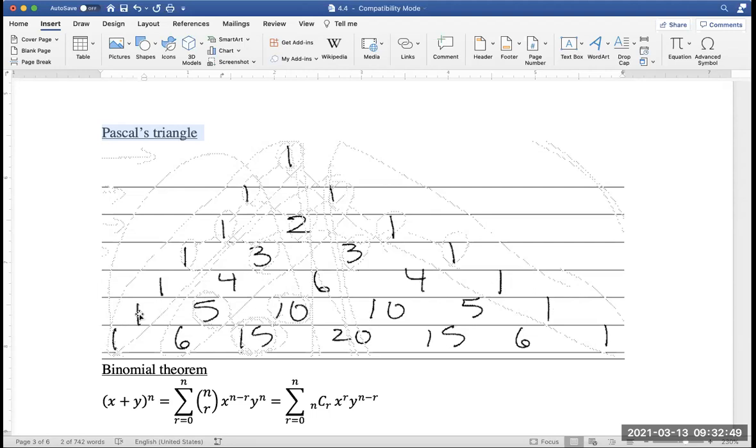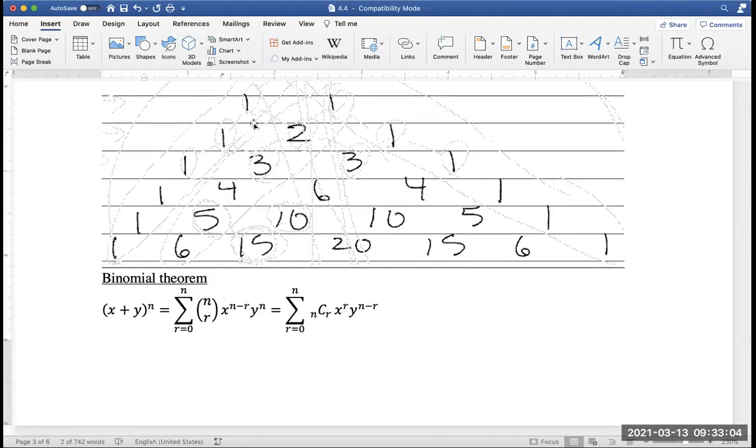Lastly, 1 plus 5 is 6, 5 plus 10 is 15, 10 plus 10 is 20, 10 plus 5 is 15, 5 plus 1 is 6, drop down to 1. You can keep going forever, but I just did this far.